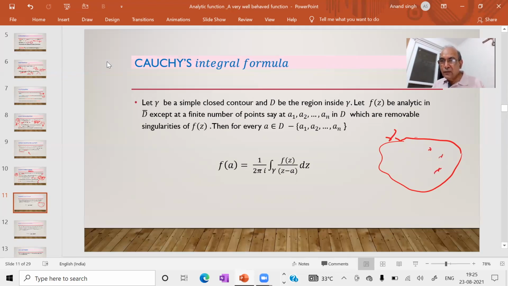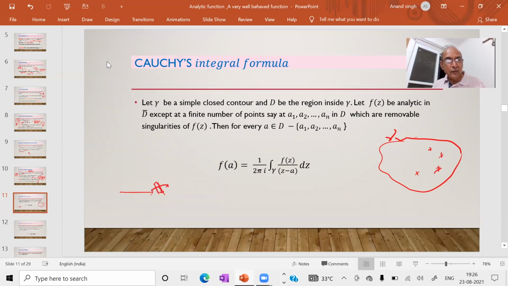They are removable singularities. So for all practical purposes, these singularities can always be removed. So they don't create much of a problem. It's like saying that you're trying to move around from somewhere and there's some small ditch or whatever you want to say, which you can jump over. You don't bother about it.